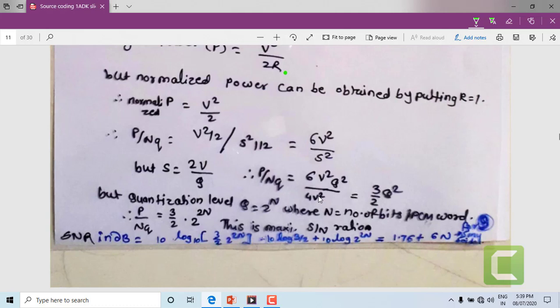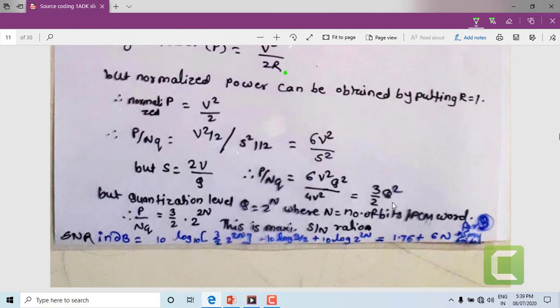So in the denominator, we will substitute S as 2V divided by Q. But it is S square, so 2V will turn out as 4V square, and that divided by Q square goes into the numerator. Then V square will get cancelled, so the remaining part will be 3 by 2 Q square.